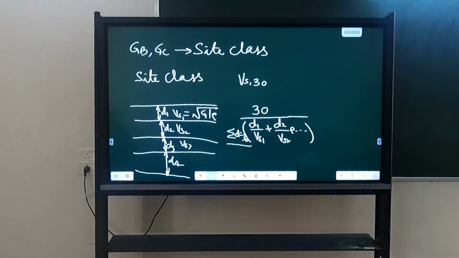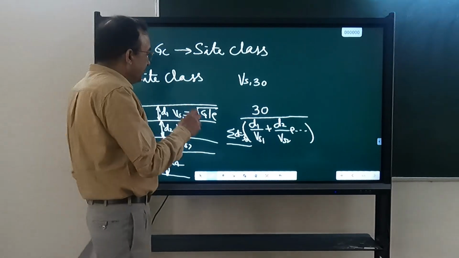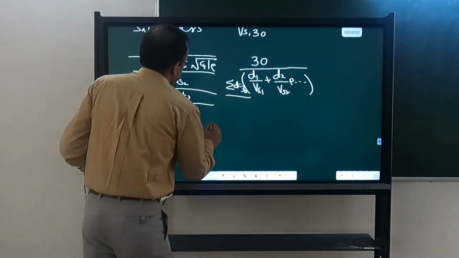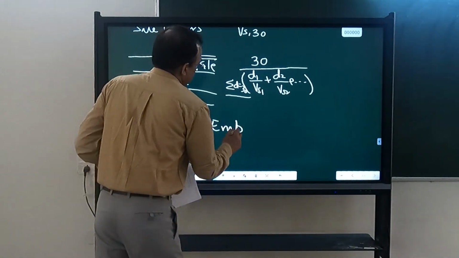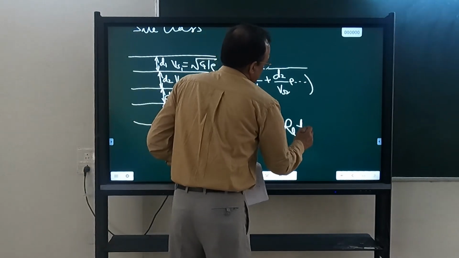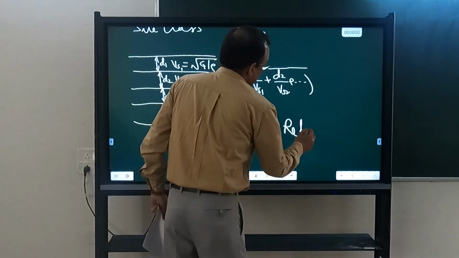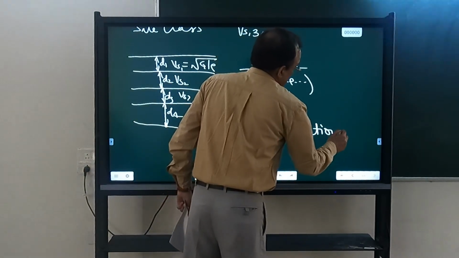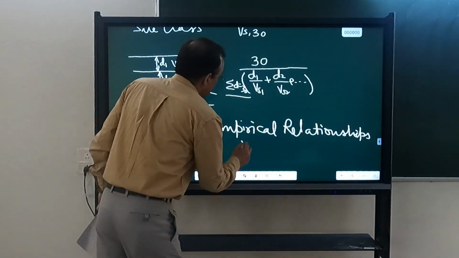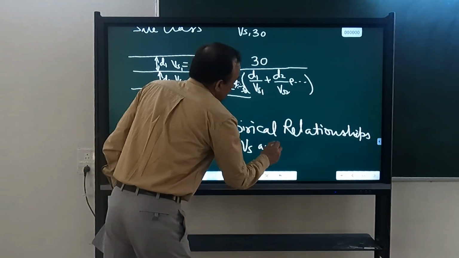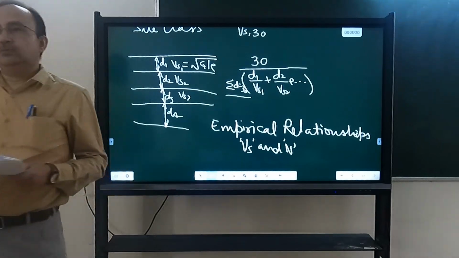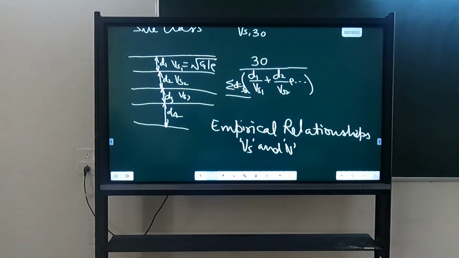There is another possibility: there are a number of empirical relationships between Vs and the SPT value. So we will use this relationship.